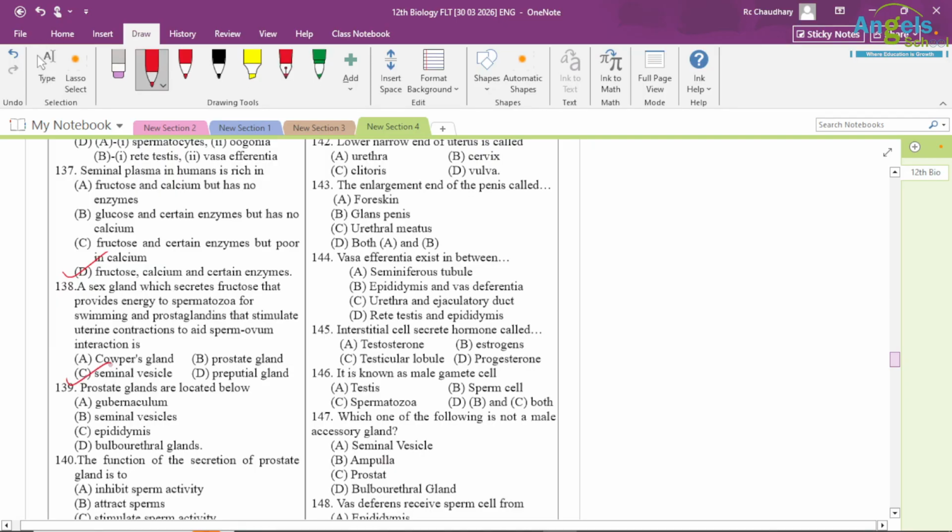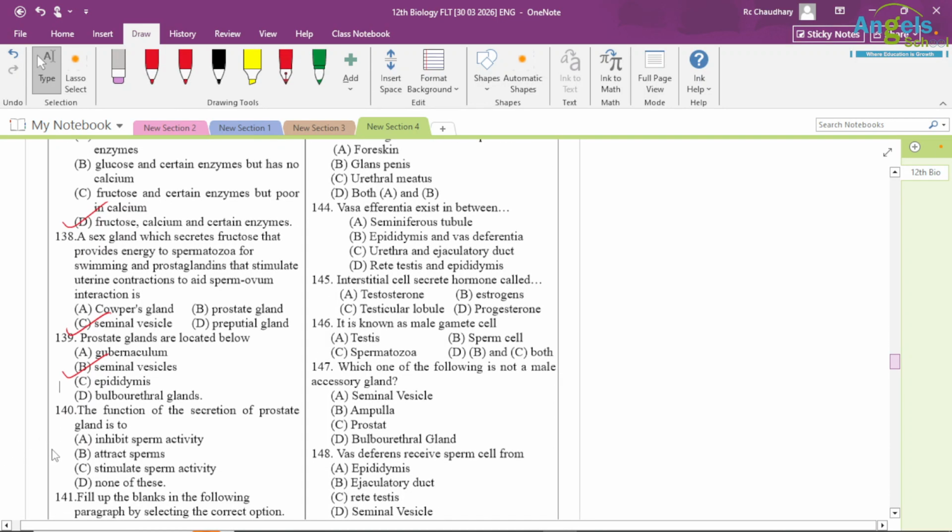Question number 139. Prostate glands are located below the seminal vesicles. The secretion of the prostate gland stimulates sperm activity or motility.